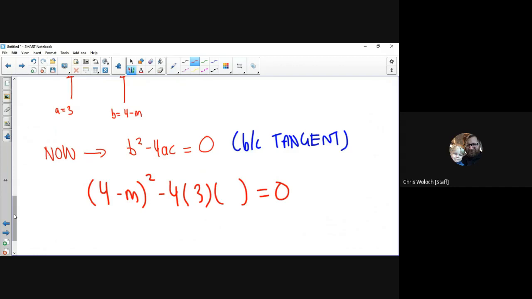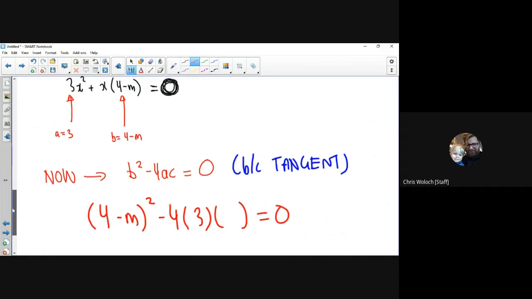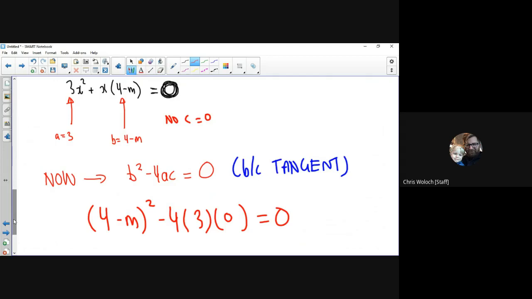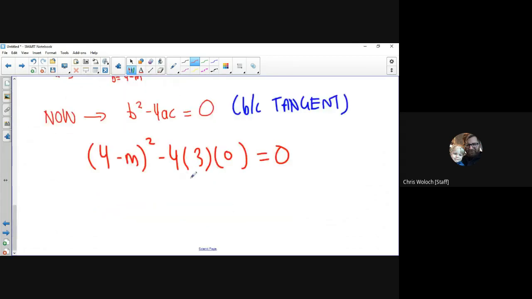What is c? There's no c value, so c equals 0. So this part, -4 times 3 times 0, is 0, and it's wiped out.